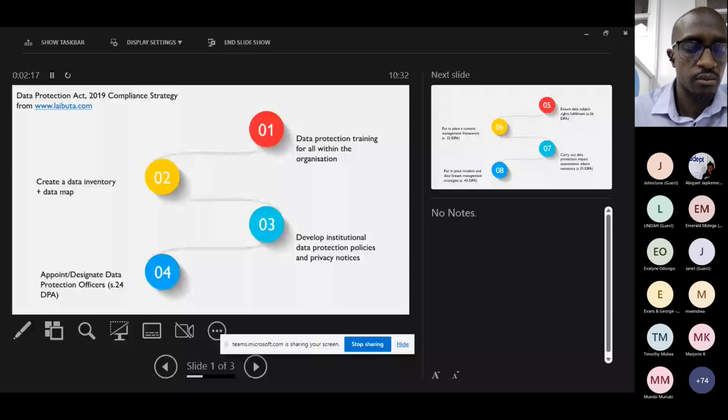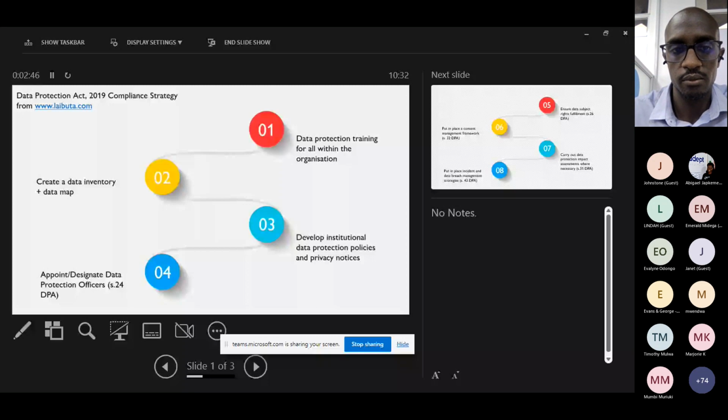The board will ratify and make resolutions to hire, for example, a data protection officer, and to provide office equipment and resources for this individual for compliance. So ensure that your board is sensitized, your senior management, and everybody within your organogram. From the chairperson of the board to the lowest person within your organogram, they need to know what their role is in helping your organization comply with the Data Protection Act.